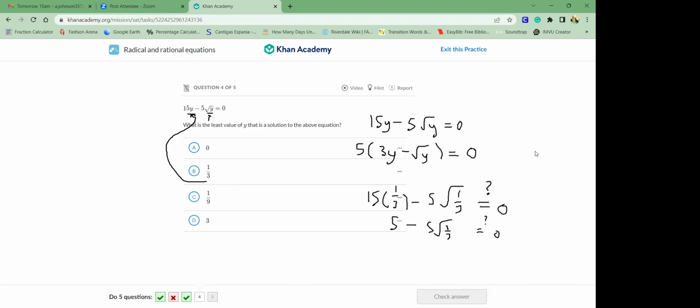What about the 1/9? If we plug 1/9 in right here, 1/9 in right there, is that 0?